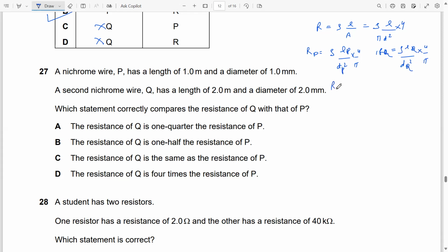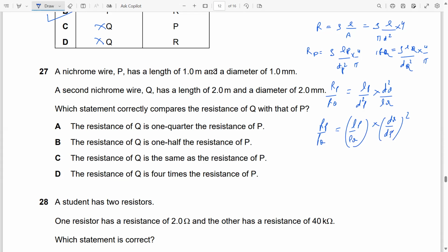Now take the ratio RP by RQ. So rho and 4 by pi, the constants, will cancel out. We will be left with LP by D square P, and reciprocal, it will become D square Q by LQ. So RP by RQ we can write as LP by LQ into DQ by DP whole square.